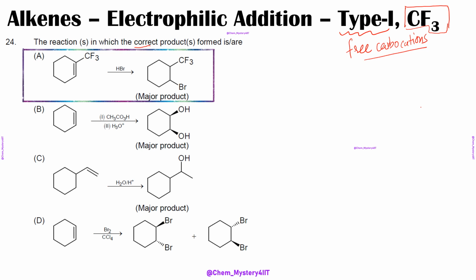Now, the first question, when we are going ahead with the addition of H plus, we are understanding that CF3 will be undergoing the addition of H plus first. So the double bond is going to be added over there. Now we'll be having some intermediate carbocation. We know that carbocation will not be stabilized onto this particular carbon because that will be highly destabilized by the very strong electron withdrawing effect of the CF3, which is coming from the reverse hyperconjugation.